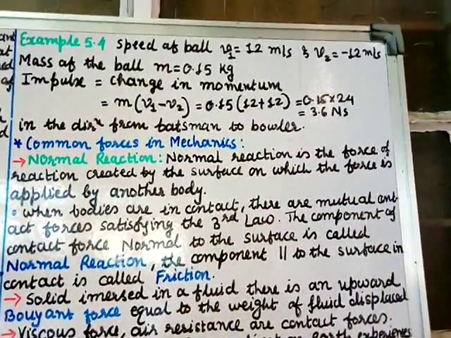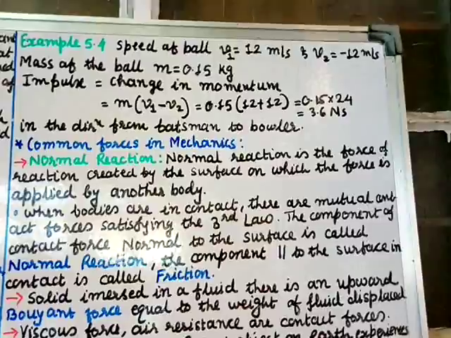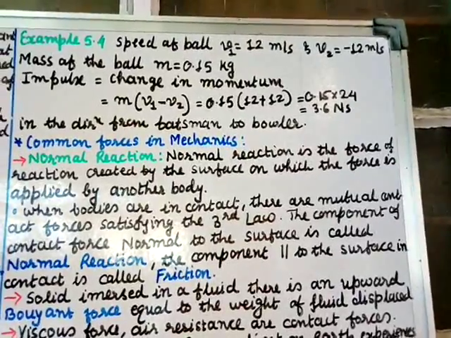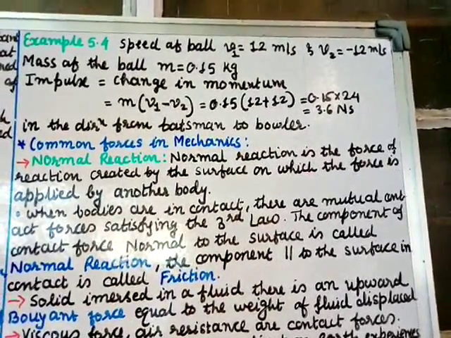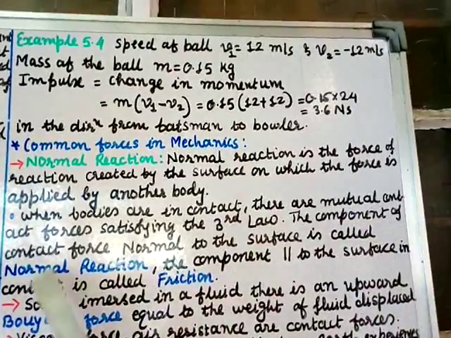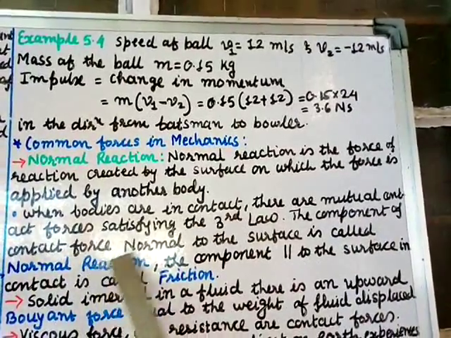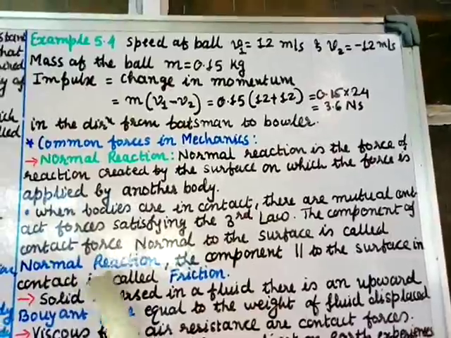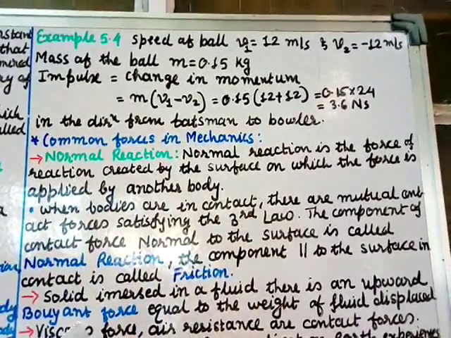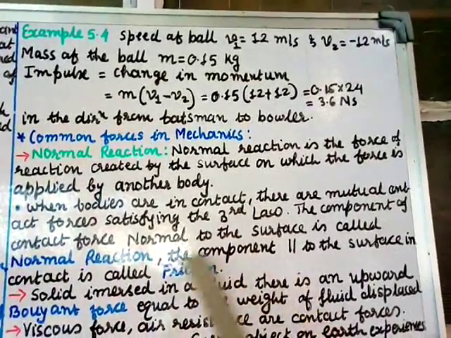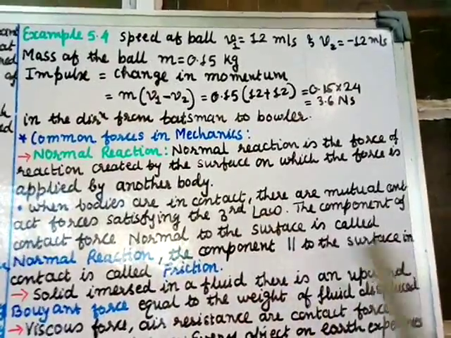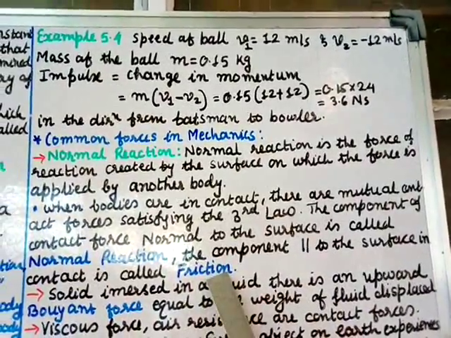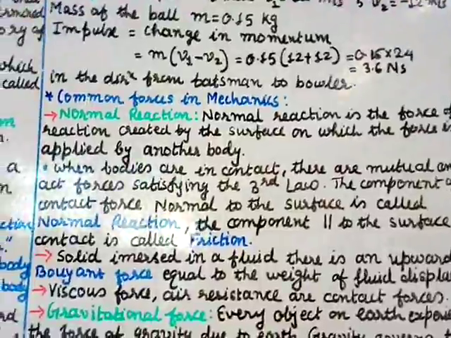So this means whenever there are bodies in contact, there are mutual contact forces, and the component of the contact force normal to the surface is called the normal reaction. That is, normal means perpendicular, and the component parallel to the surface in contact is called friction. This we will learn in the next class.